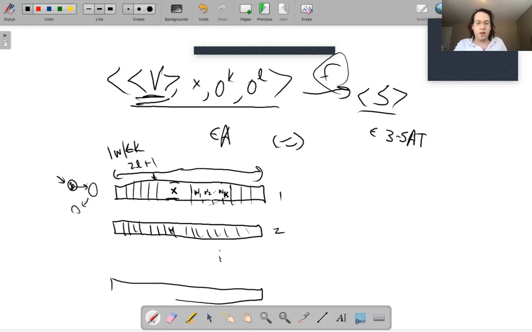Imagine writing down all these configurations up to configuration number L. Then what we want to do is write down logical Boolean formulas, with ands and ors and nots, that enforce the condition that this configuration follows from the previous one. Here we have internal states, so we're going to need to translate those into Boolean variables as well.